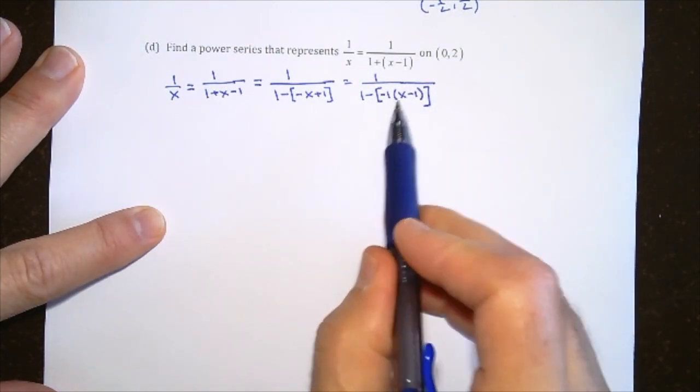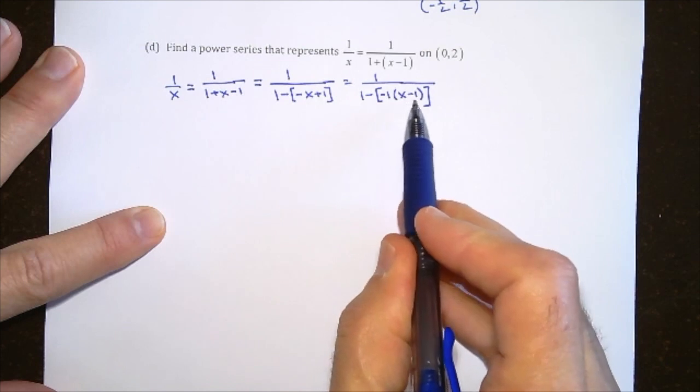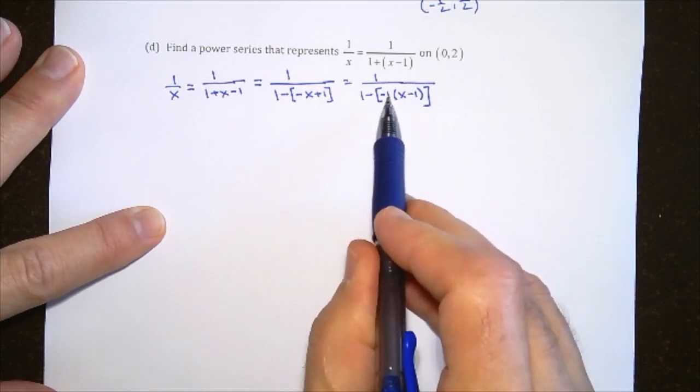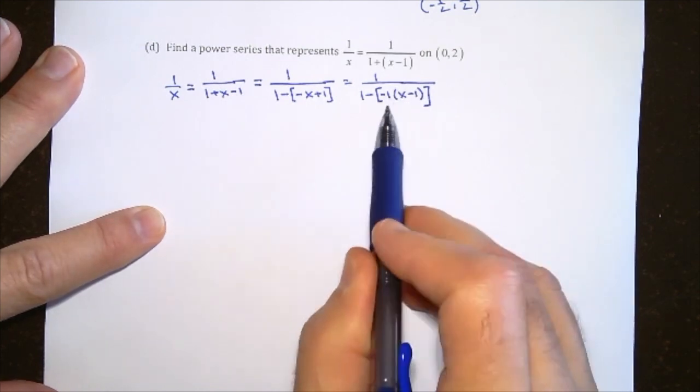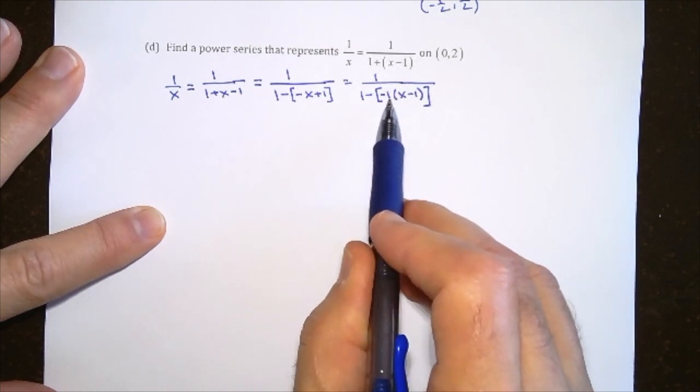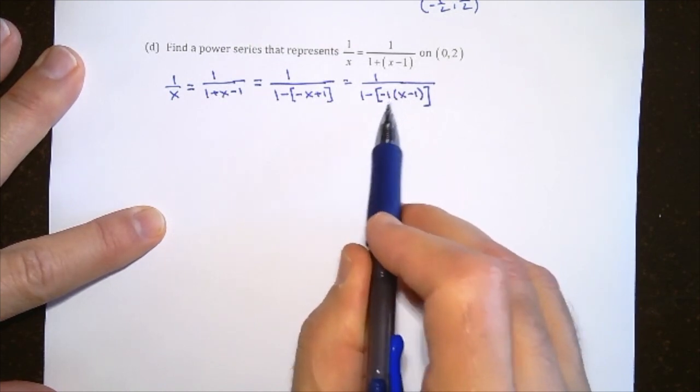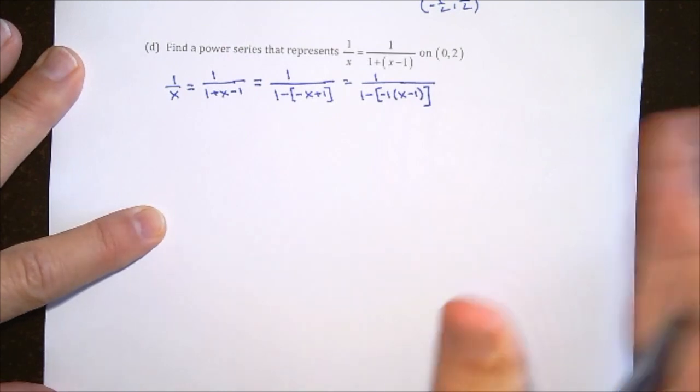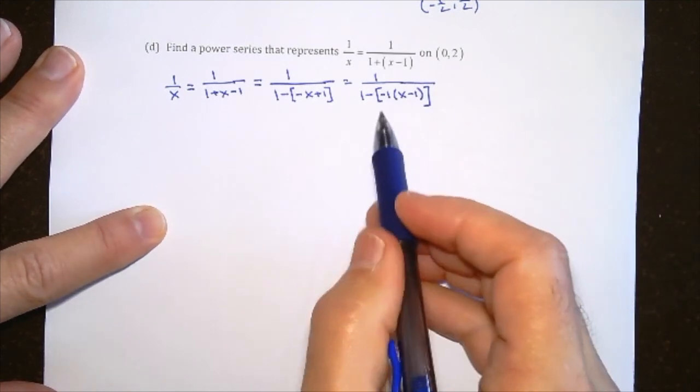Okay, so now our multiplier is negative 1 times x minus 1. I know you don't quite understand right now, but what this is going to cause is us to have an alternating series. Okay, and we talked about alternating series tests and all of that kind of stuff.